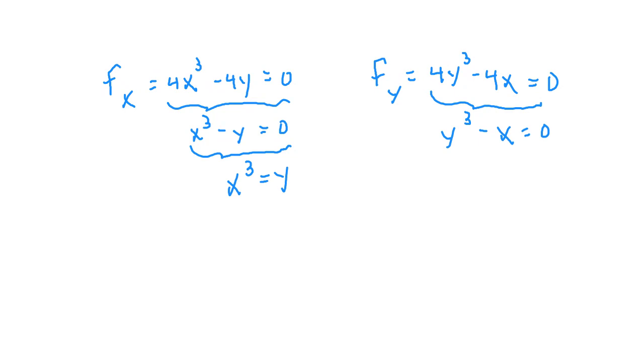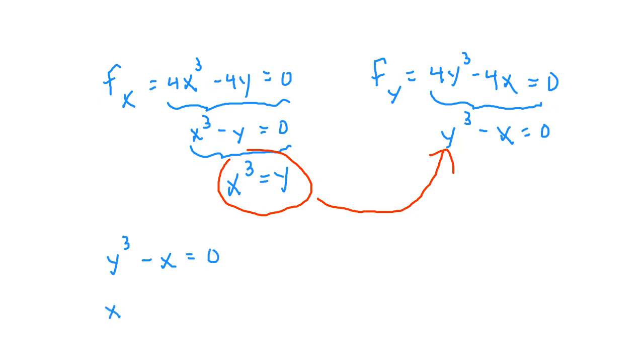So we can substitute that in for the y in the second equation. The second equation is y cubed minus x equals 0, but now that's going to be x cubed cubed minus x equals 0, or x to the 9th minus x equals 0.